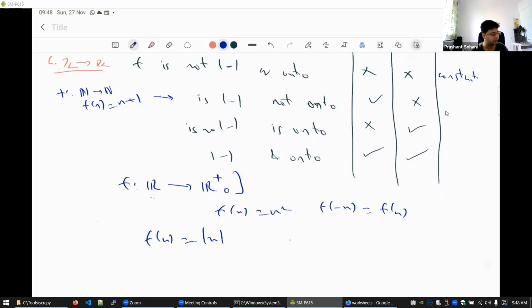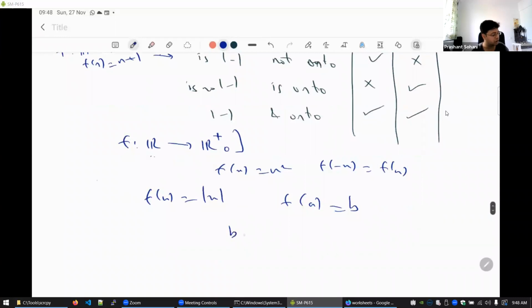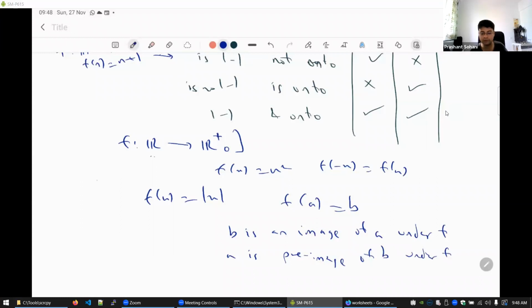So when f of a is equal to b, b is called an image of a under f, and a is called a pre-image of b. Image and pre-image is a common term used.